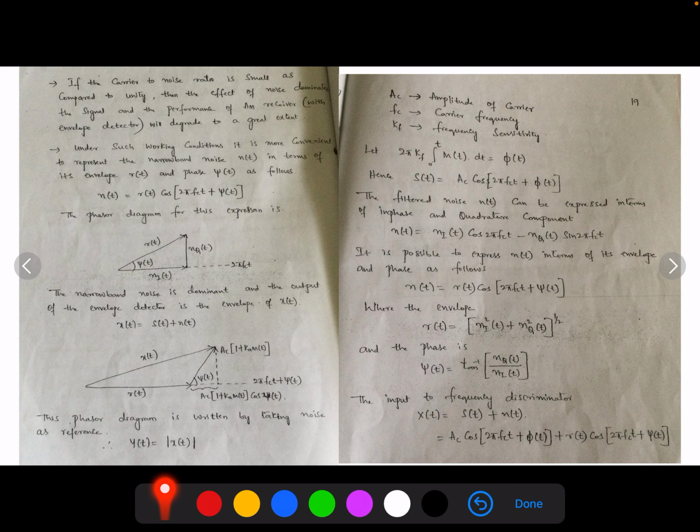In FM there is no need to introduce a scaling factor in the definition of the modulated signal S of t, since it is reasonable to assume that its amplitude Ac has the same unit as that of the additive noise component N of t. So we will directly proceed with the factor phi equal to 2 pi kf into integral 0 to t m of tau d tau.